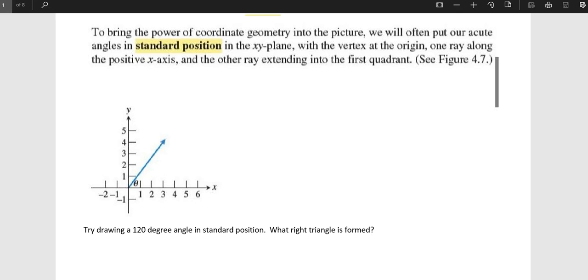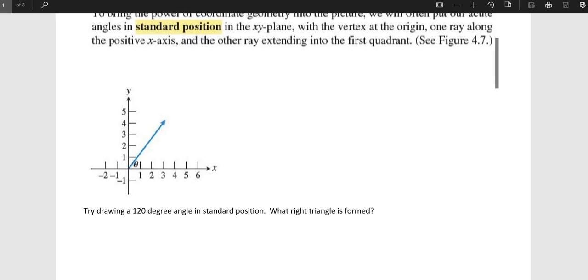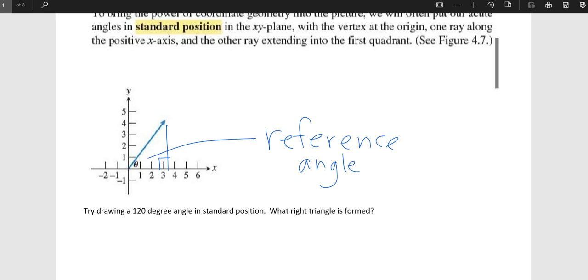We talk about this term standard position. We always will end up drawing triangles to the closest side of the x-axis. So when we start referring to things like the reference angle, it's always closest side of x-axis.